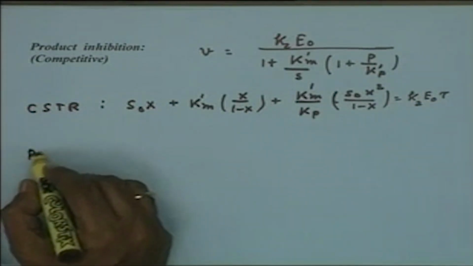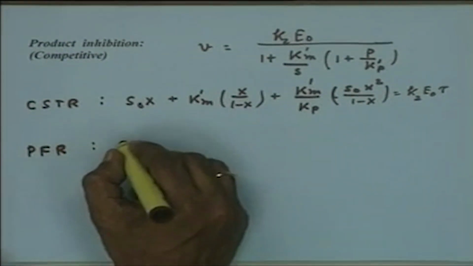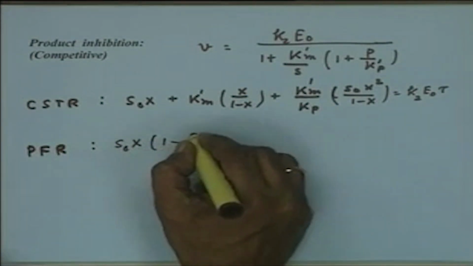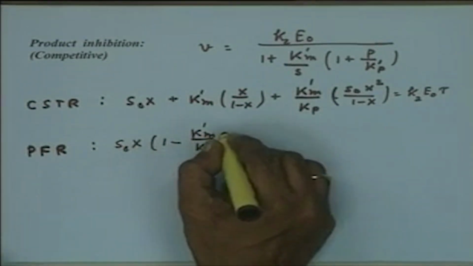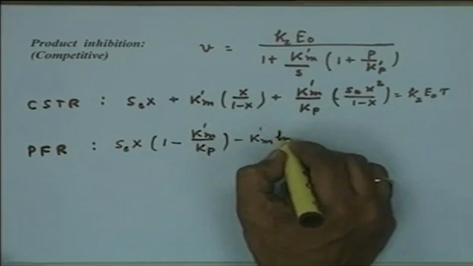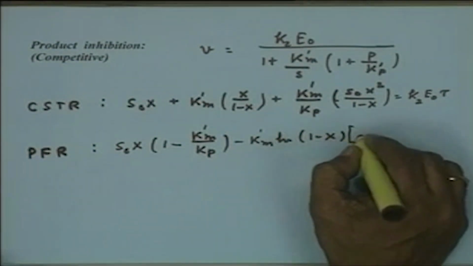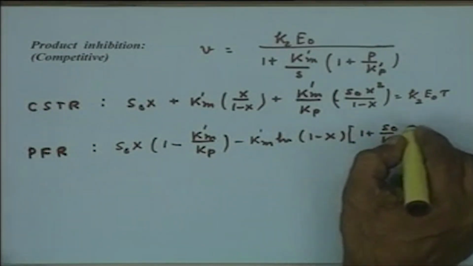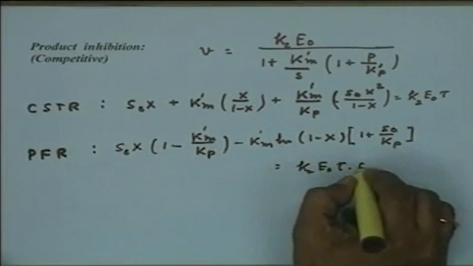In the case of plug flow reactor, the expression will be S0 x into 1 minus K'm upon Kp, minus K'm ln 1 minus x, 1 plus S0 upon Kp, equals K2 E0 tau into epsilon.